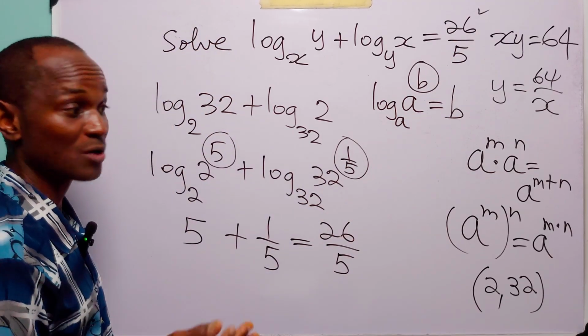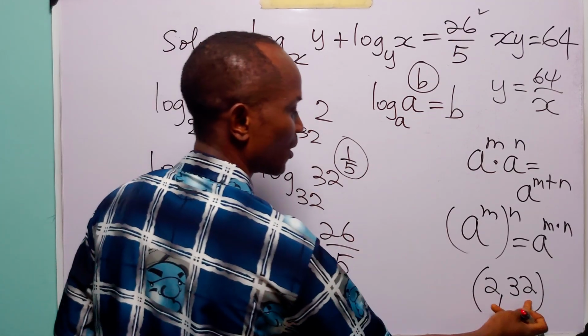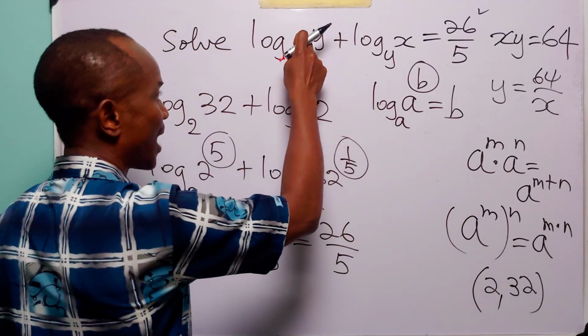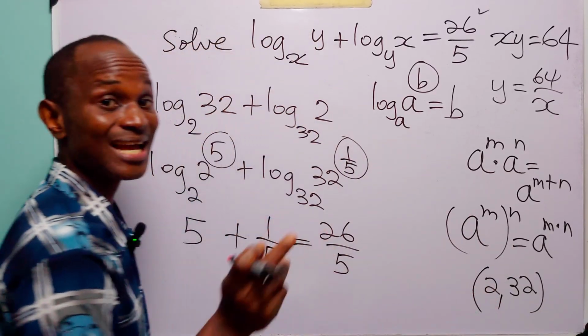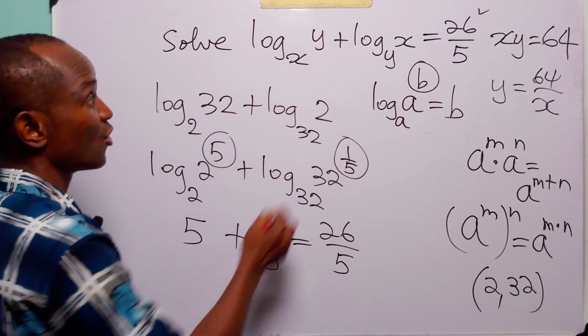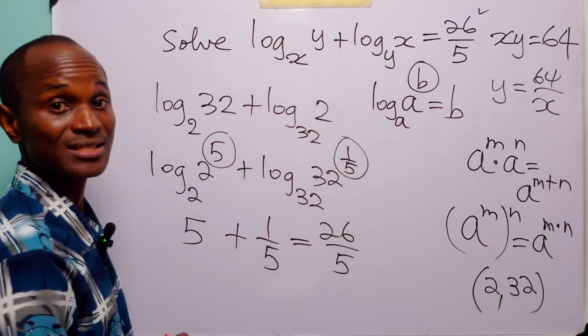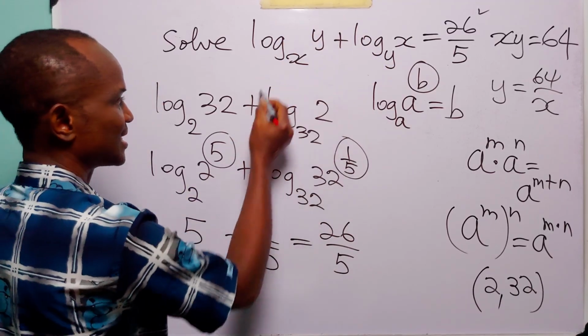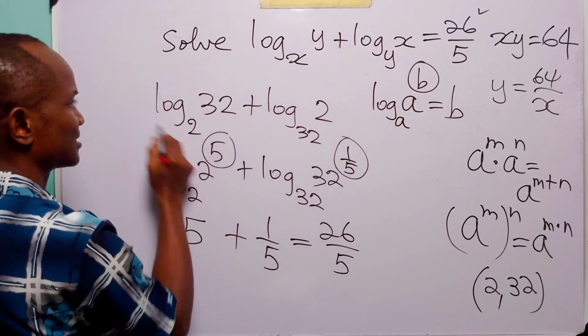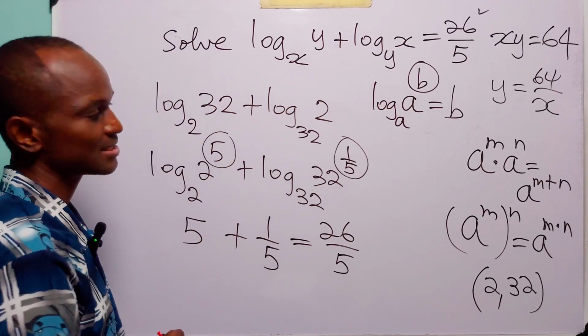And of course, you know that when we substitute x equal to 32 and y equal to 2, that is the second point that we calculated, we are going to have this exact same equation. The only thing is that this is now going to come first while this comes second.